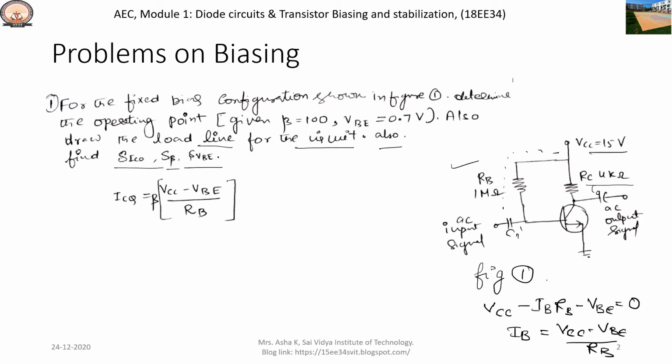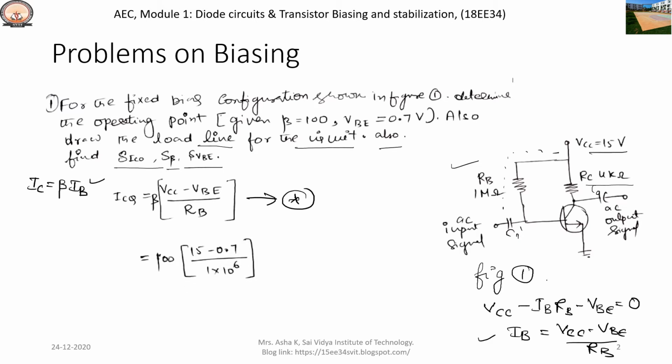Then we know that IC is equal to beta times IB. After substituting the IB value in this equation, we are going to get the ICQ value, that is equal to beta times VCC minus VBE divided by RB.